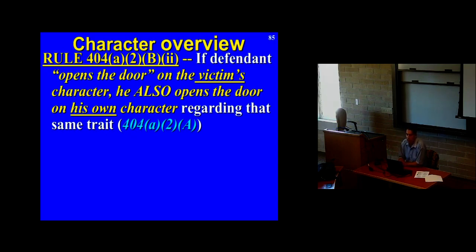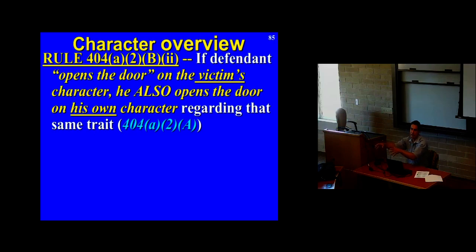But also, he opens the door on his own character regarding that same trait that he attacked the victim's character, okay? And so what that does is it doesn't allow the defendant to say, I'm not going to open the door on my character, but I am going to attack the victim's character on a certain character trait, and then the prosecution can only bring up good character evidence of the victim.